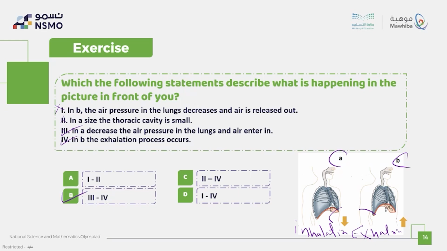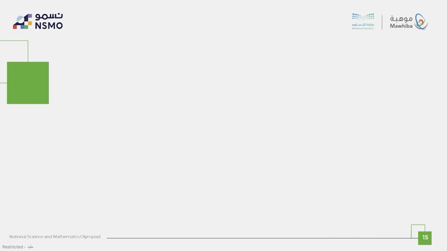Okay, so understanding the direction of the diaphragm and air pressure helps you to explain how breathing works scientifically, not just visually. Okay, let's move forward to the last question.